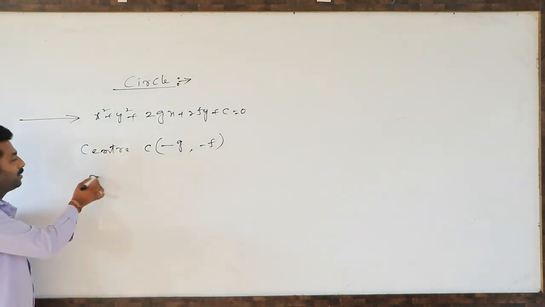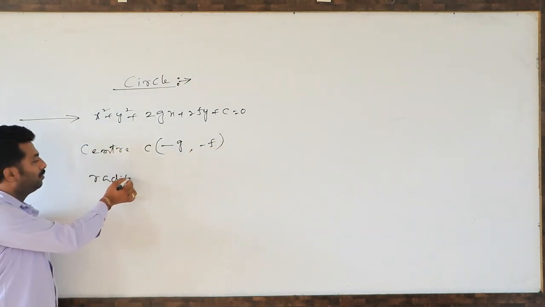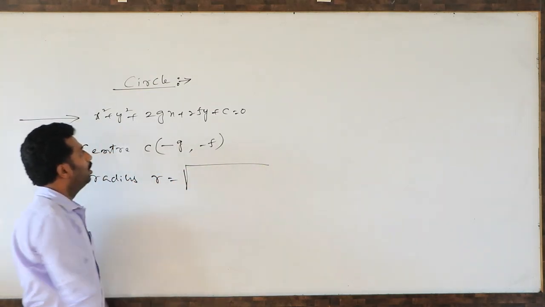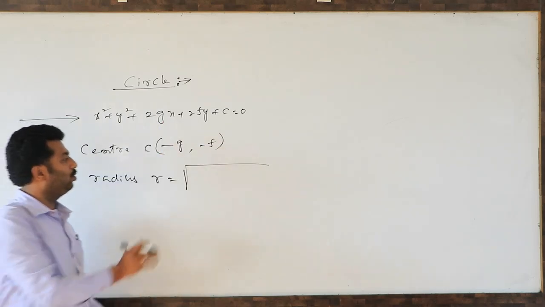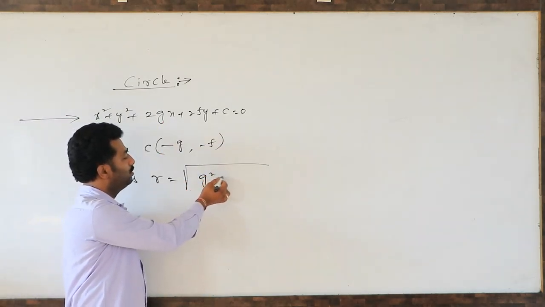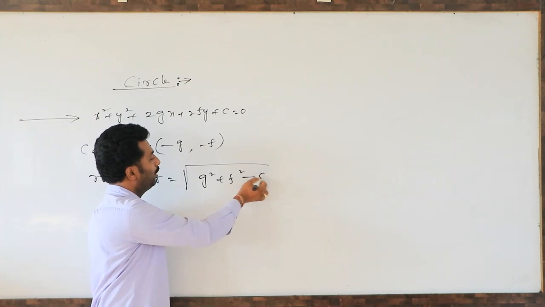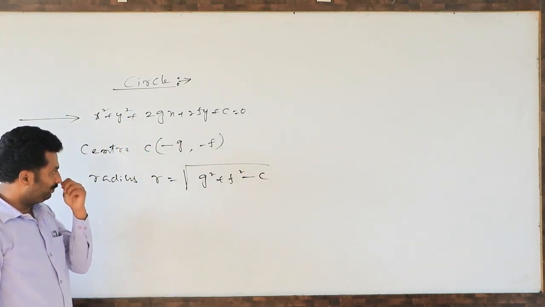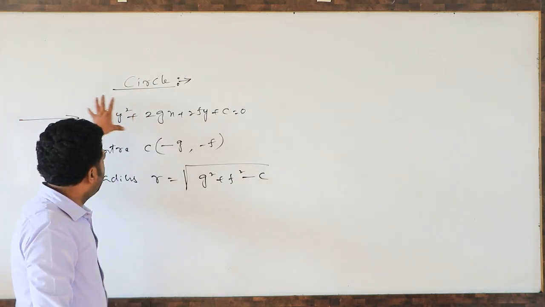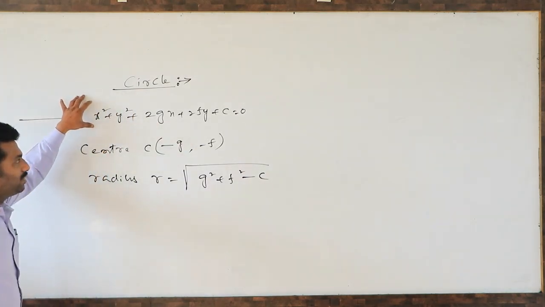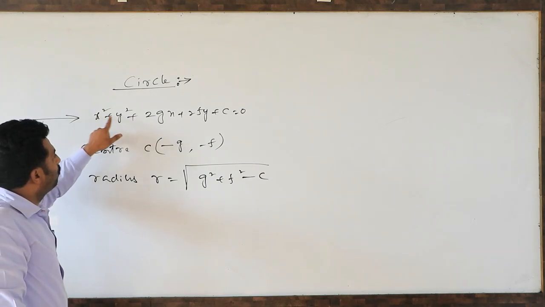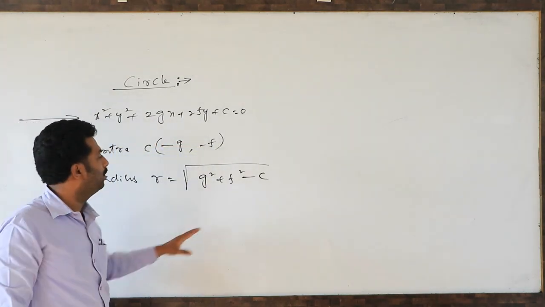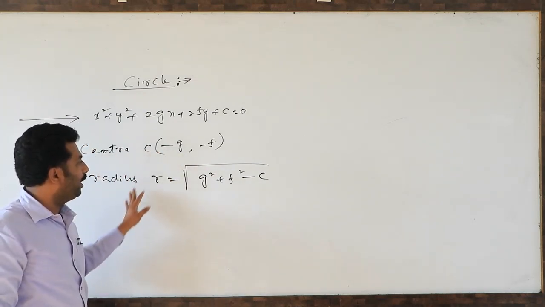What is the radius? R is equal to square root of (coefficient of x by 2) whole square, nothing but g square plus f square minus the constant term. You remember, whenever a second degree equation represents a circle, x square plus y square plus 2gx plus 2fy plus c equal to 0, then the center is this one, the radius is this one.